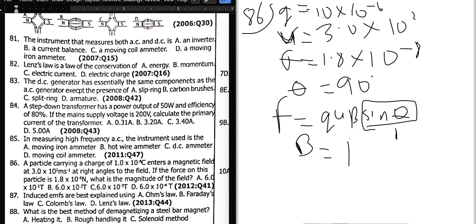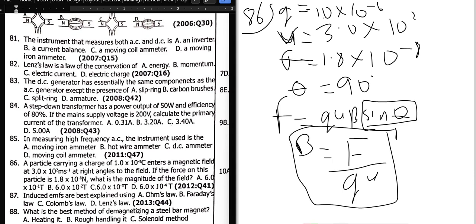So B will be equal to F over Q V. This is what you are solving. Plug in: F is 1.8 times 10 raised to the power minus 8, Q is 1.0 times 10 raised to the power minus 6, and V is 3.0 times 10 raised to the power 2.